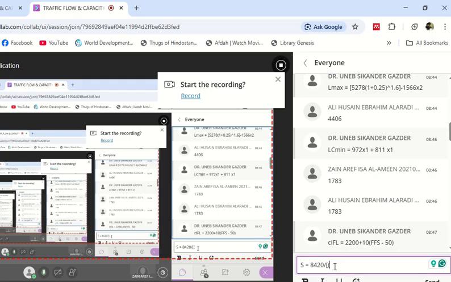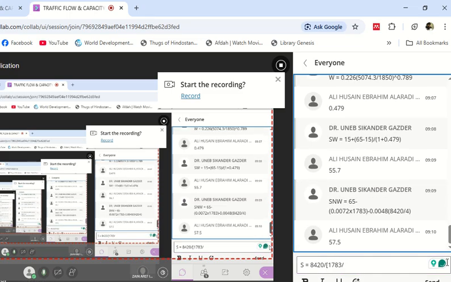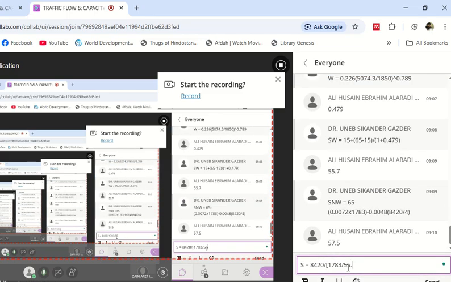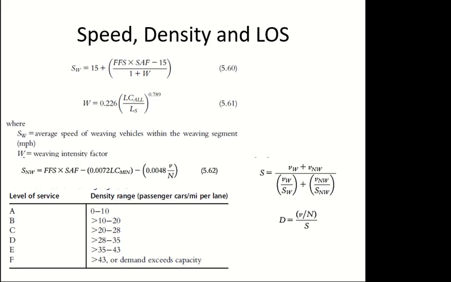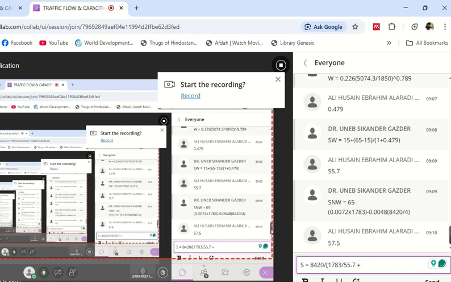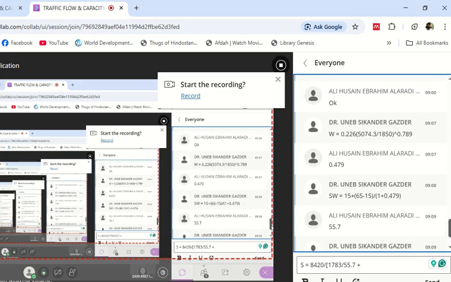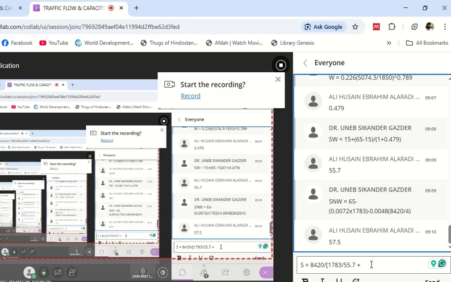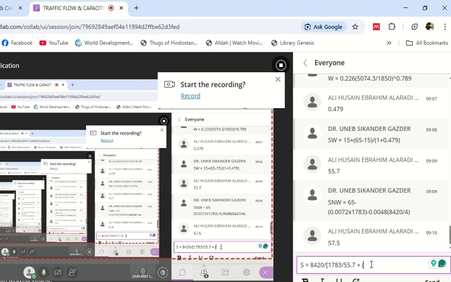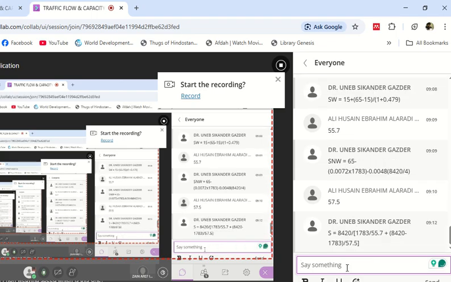So this is my weaving volume, divided by the weaving speed, which is 55.7, plus non-weaving volume, which is total minus weaving, divided by non-weaving speed, which is this one. Okay, how much is that?